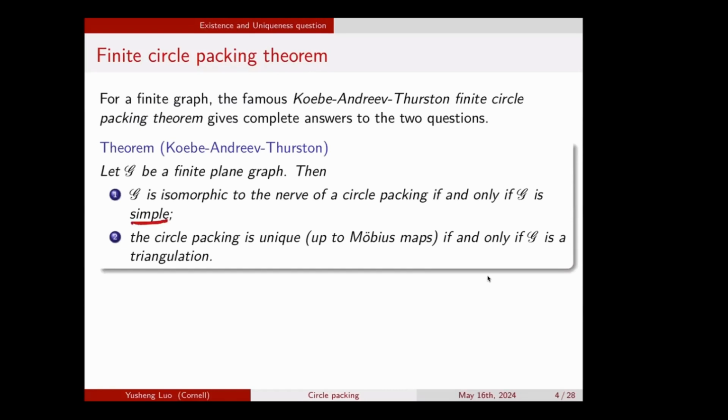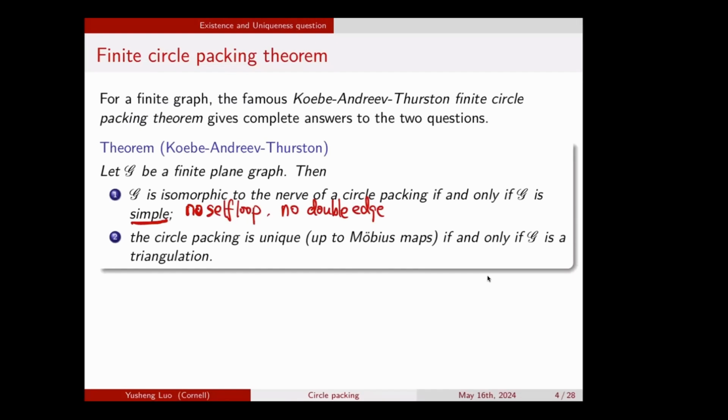Here, simple means no self-loop and no double edge, or more generally, no multi-edge. This simple condition is easy to see as a necessary condition for the existence of a circle packing, because if you have a circle packing, the nerve cannot have a self-loop, and you cannot have two circles touching at two different points.